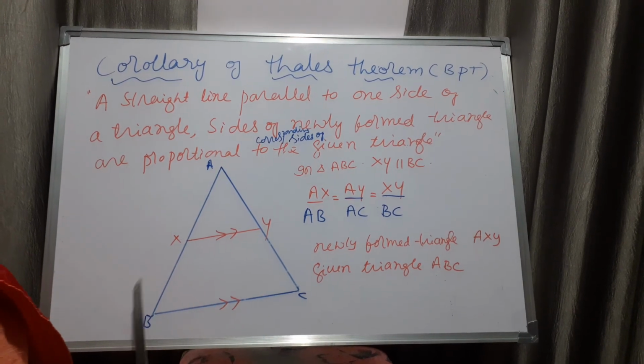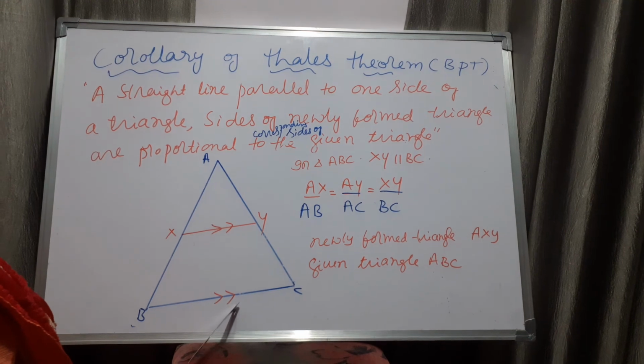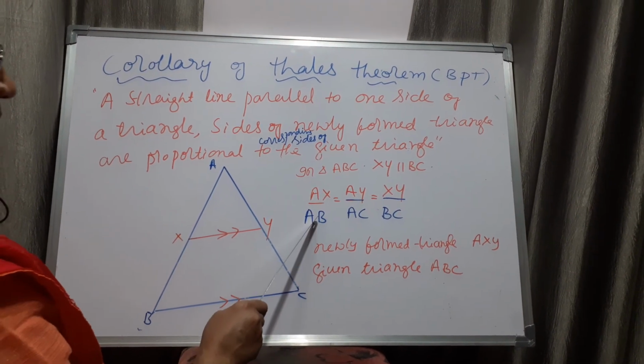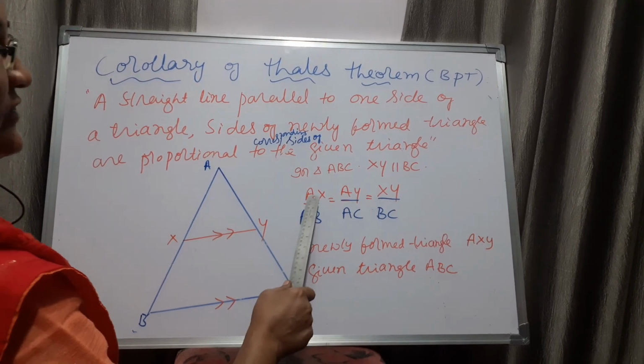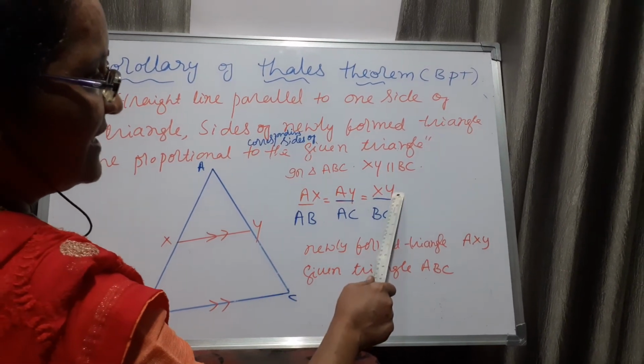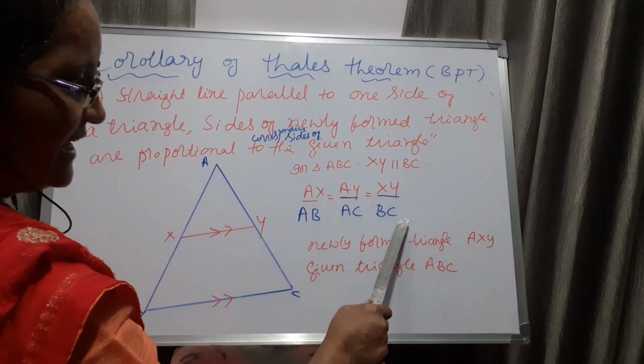AX by AB, AY by AC, XY by BC. You have to take corresponding sides. If you write AX by AB or AC by AY, it is wrong. Therefore, first we take the newly formed triangle sides, then we take the corresponding sides of the given triangle.